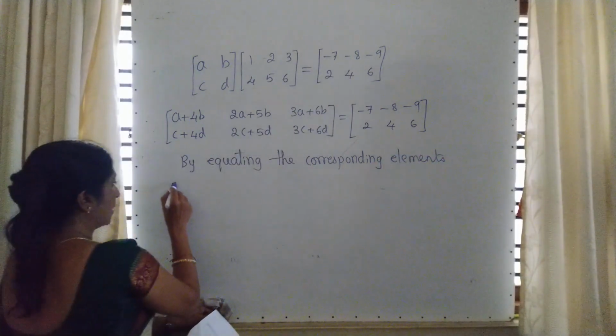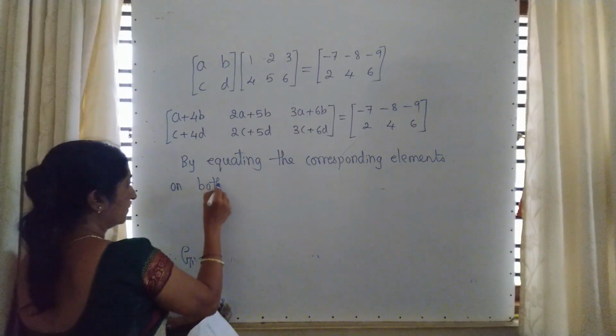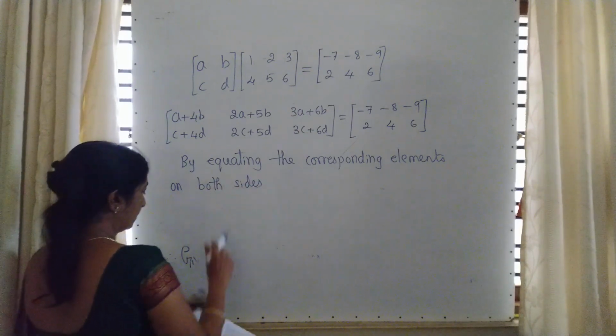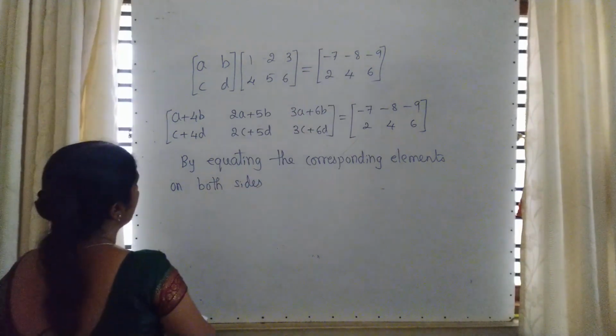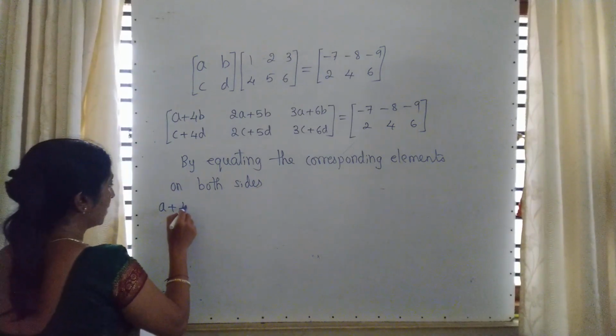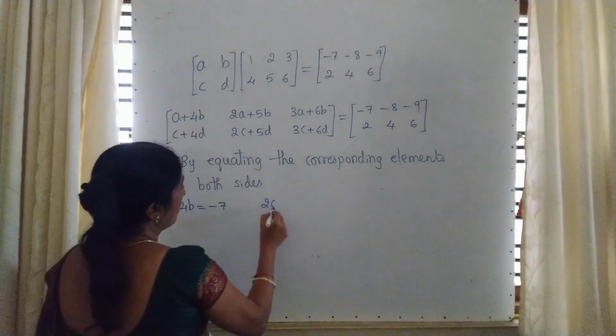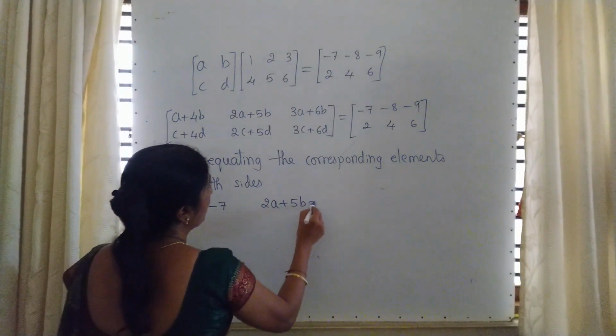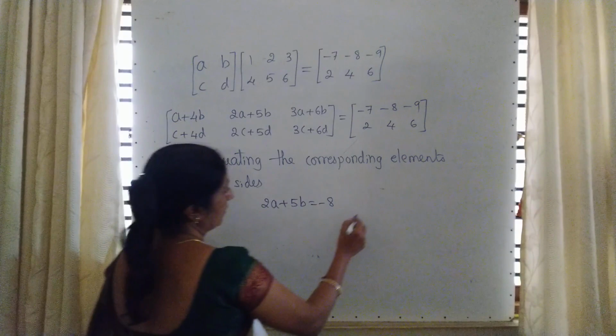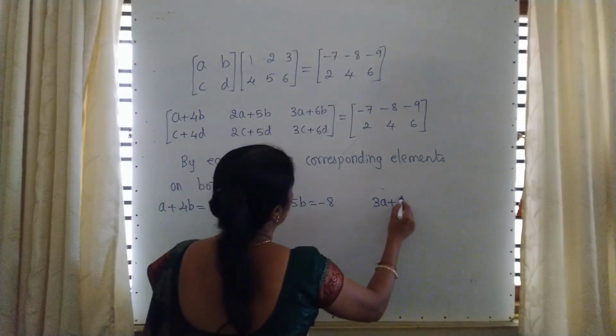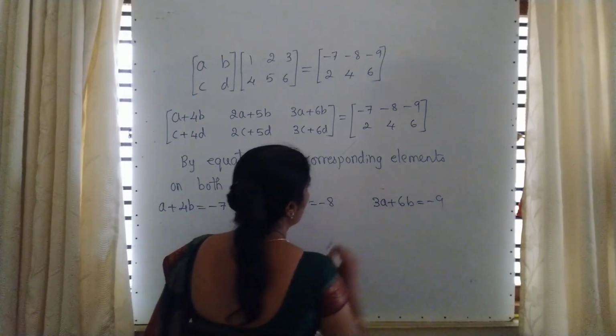Equating the elements on both the sides. What are the elements? See, first element is A plus 4B is equal to -7. Next, 2A plus 5B is equal to -8. 3A plus 6B is equal to -9.